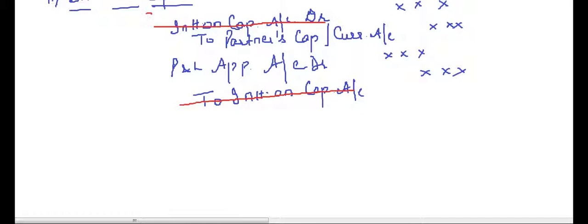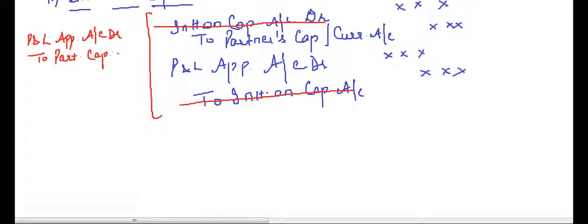So if we have to pass one entry for this, it will be profit and loss appropriation account debit to partners' capital account. This will be one entry for this, right? Clear? This is interest on capital.